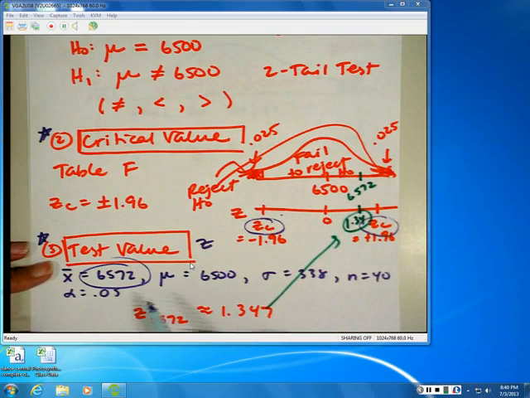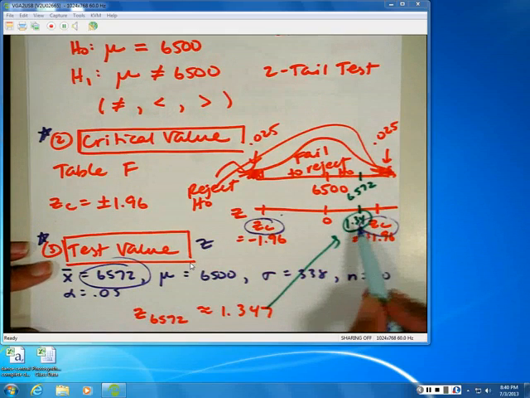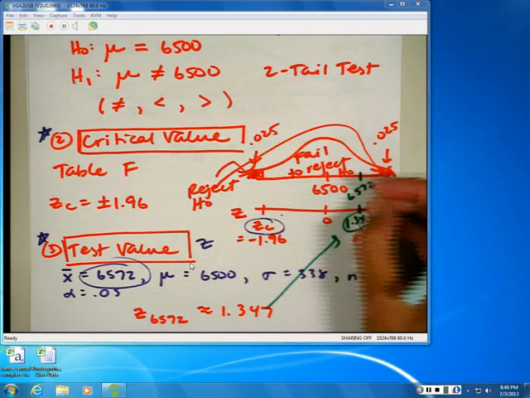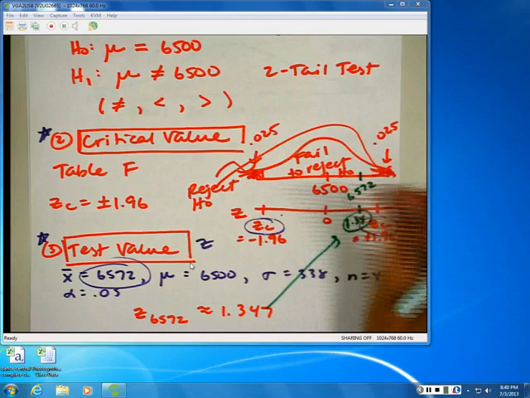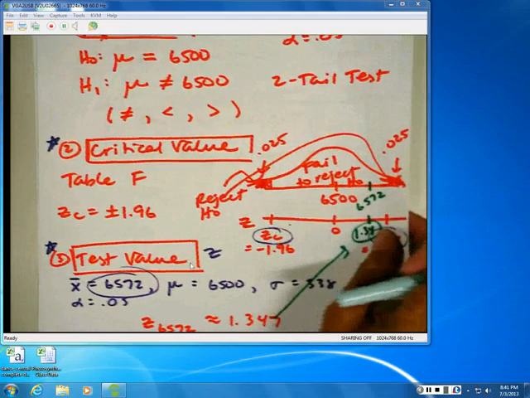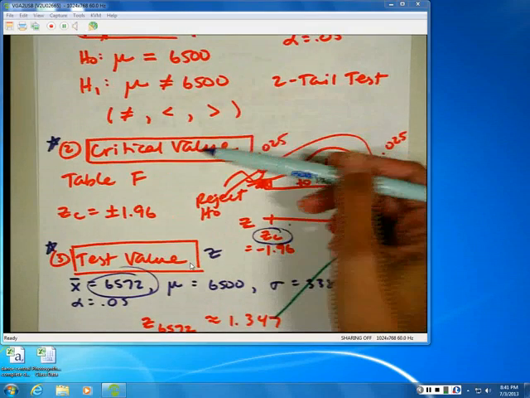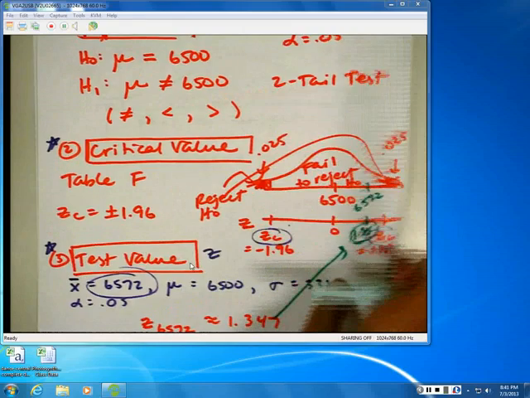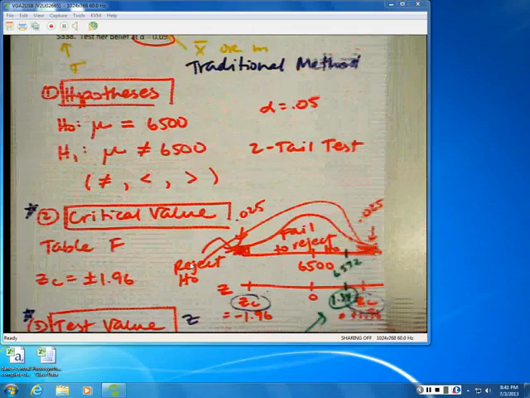So in the traditional method, you compare z-scores to figure out if you're in the rejection region or not. Well, the next method that we're going to look at will give us the same conclusion for this problem, but we're going to use the p-value method. I'm actually going to redo this problem using the p-value method. So you'll see differences in steps 2 and 3. Your hypotheses will be the same. Your decision and conclusion will be the same.